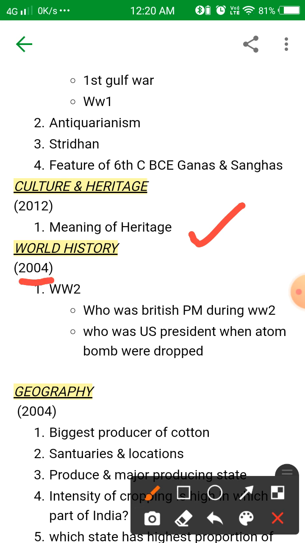Next, in world history, these were very typical questions in 2004. However, they were not repeated later on, like who was a British Prime Minister during World War II, who was a US President when atom bomb was dropped.